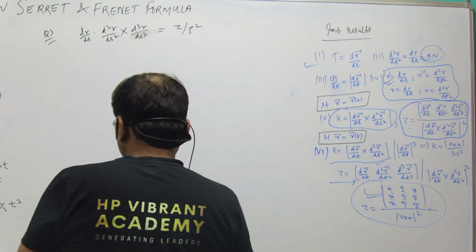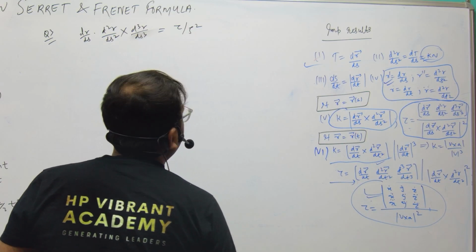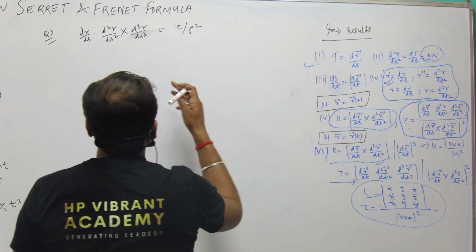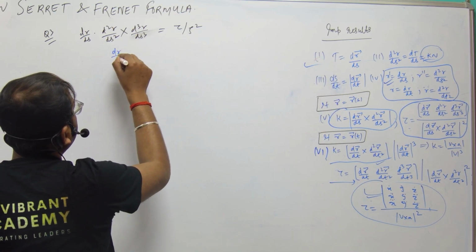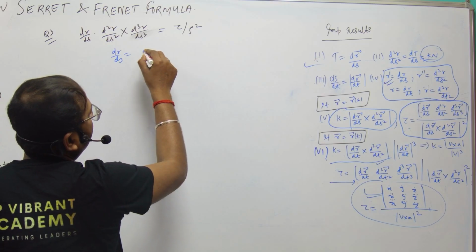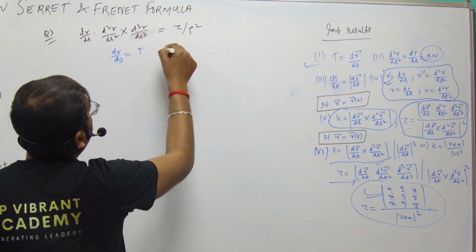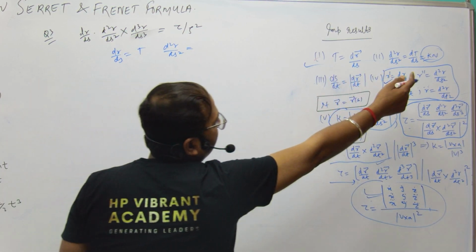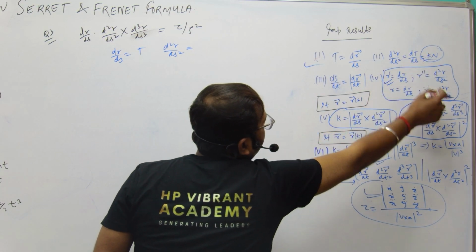How can we solve this? We have the unit tangent vector as dr upon ds. We have dr upon ds equal to unit tangent vector. We have d2r upon ds square equal to kappa n, since dt upon ds is equal to kappa n.